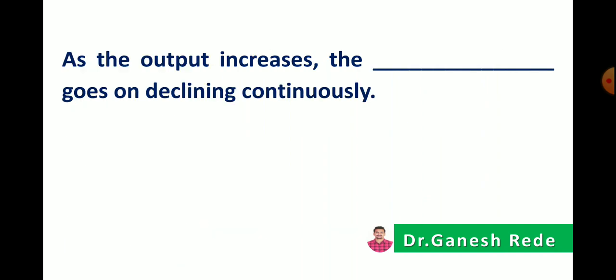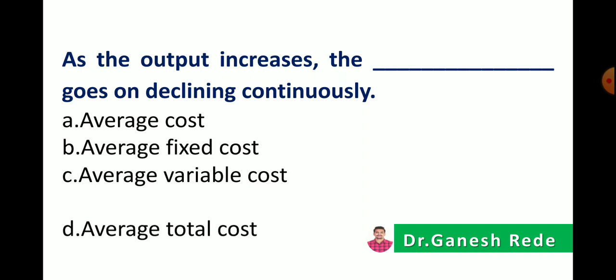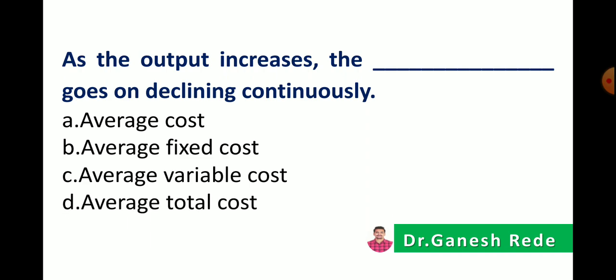Next question: as the output increases, the dash dash goes on declining continuously. Average cost declines, average fixed cost declines, average variable cost declines, or option D, average total cost declines. The correct answer is as the output increases, the average fixed cost goes on declining continuously.